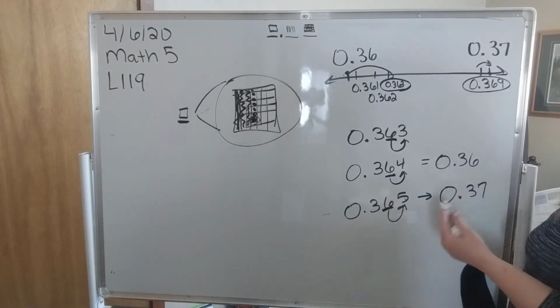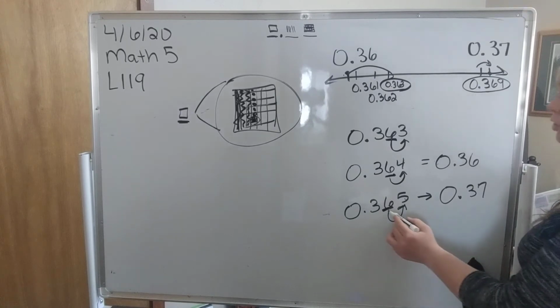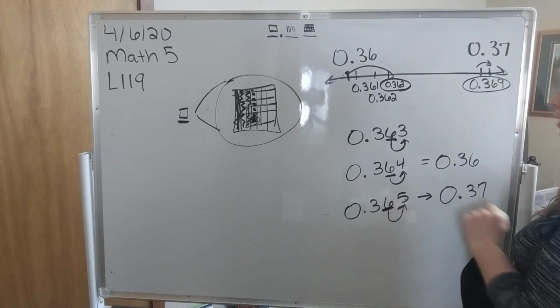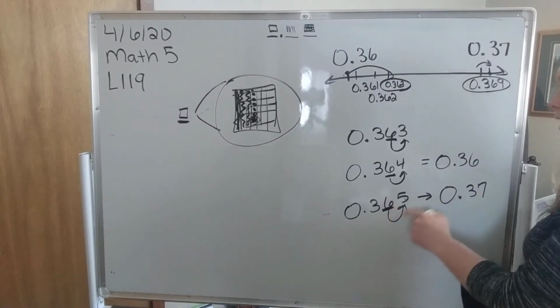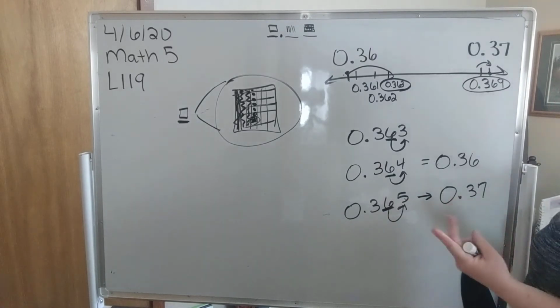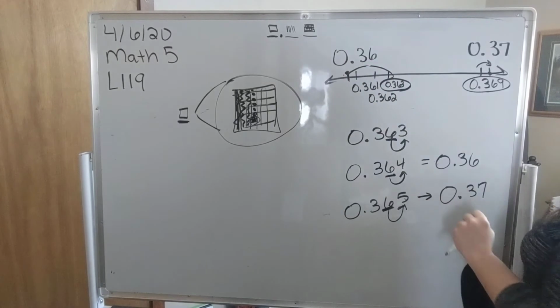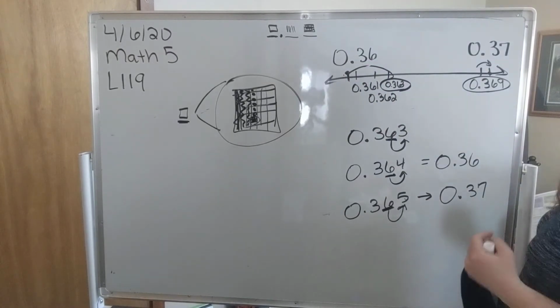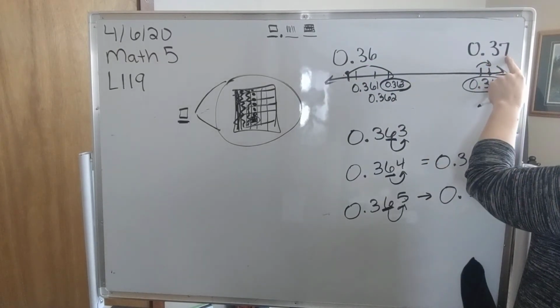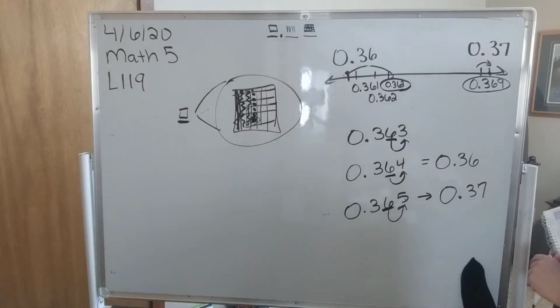Okay, so it's the same kind of rounding that you've always done, but you need to make sure that you underline the place value that you're rounding to and look to the neighbor. And remember, 1, 2, 3, and 4 make it round down to the same number. And 5, 6, 7, 8, and 9 make it round up to the next number. Okay, and that place value.